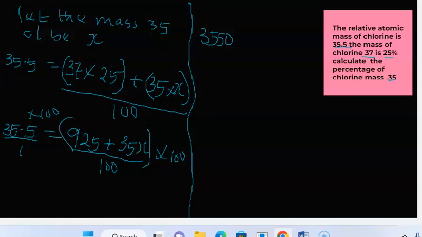Then 3,550 is equal to, now this 100 and this 100 cancel. So inside the bracket we have 925 plus 35x.